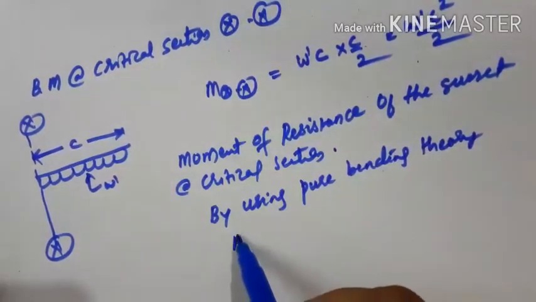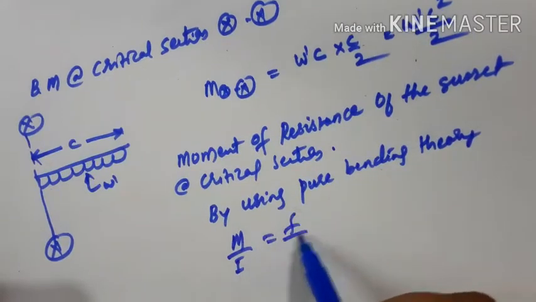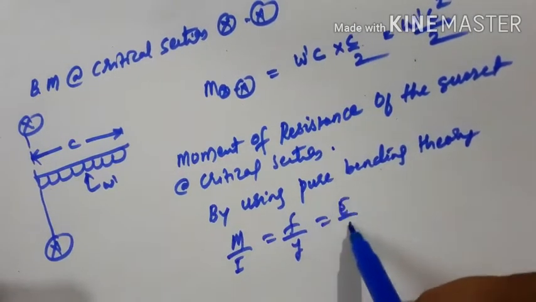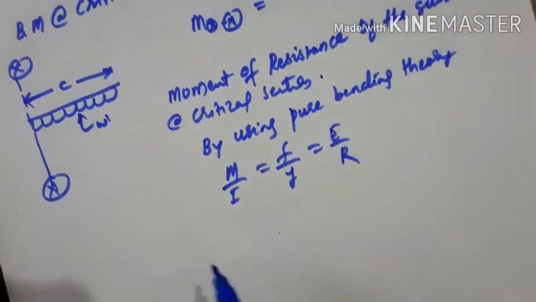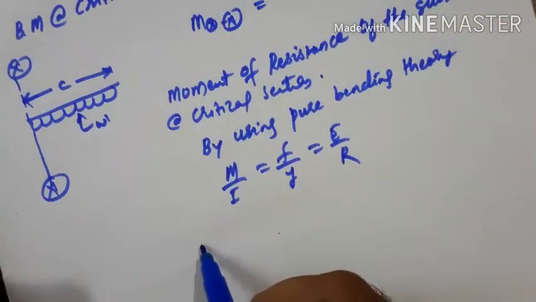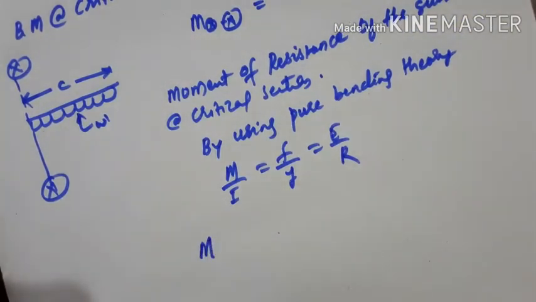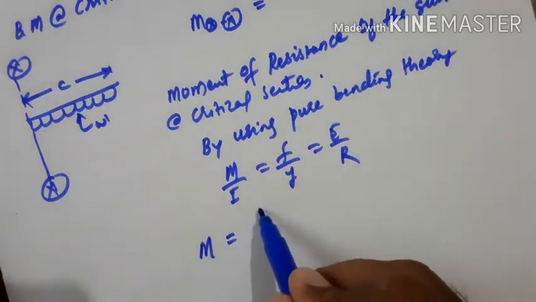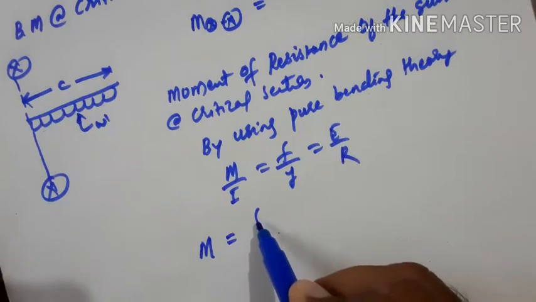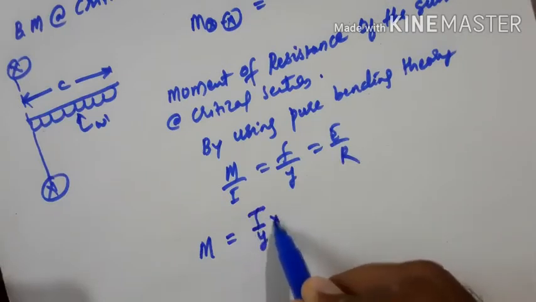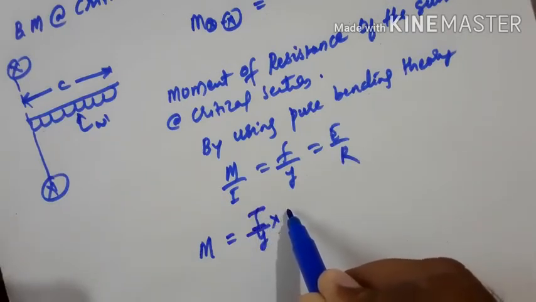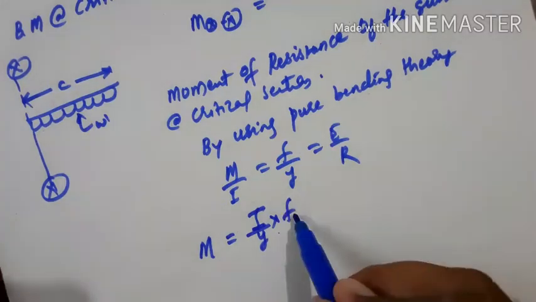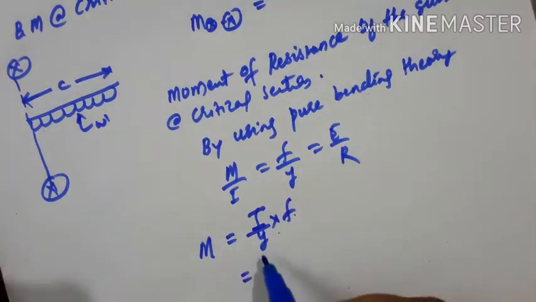So you have to use pure bending theory, that is M by I equal to f by y equal to E by R. Here I want the bending moment, so M equal to I by y into f, where f is the bending stress, and I by y is Z, so M equal to Z into f.